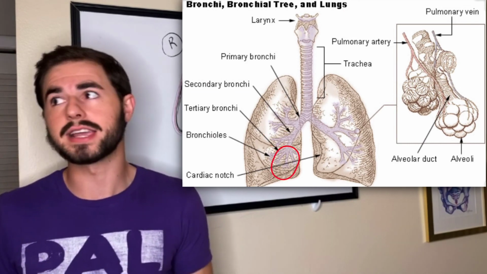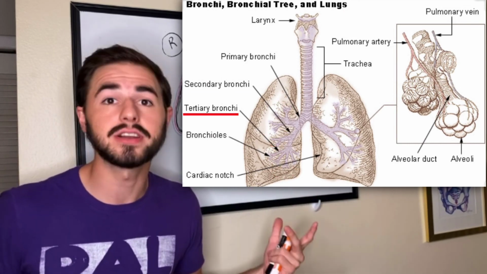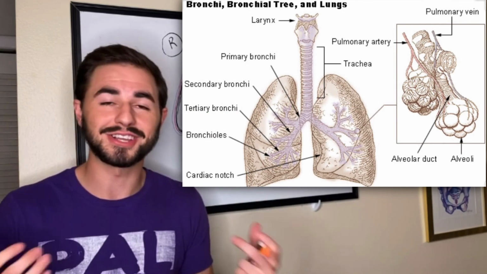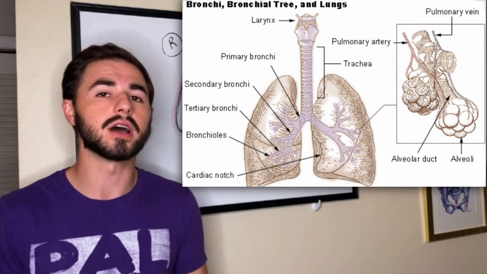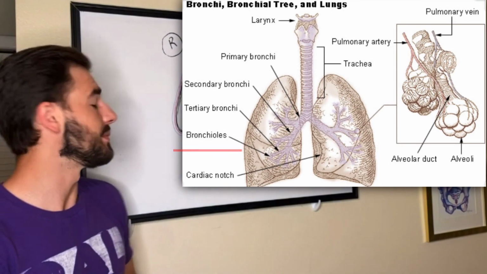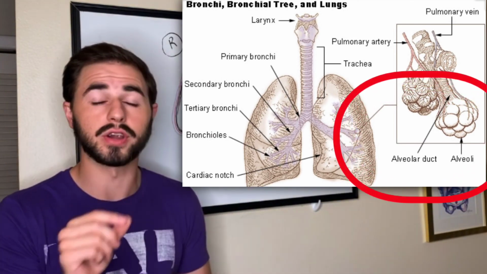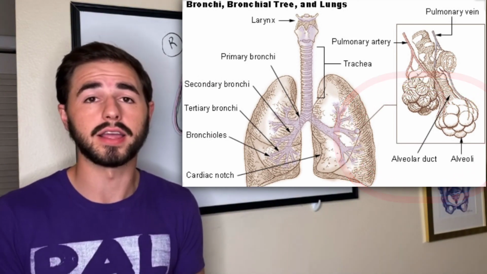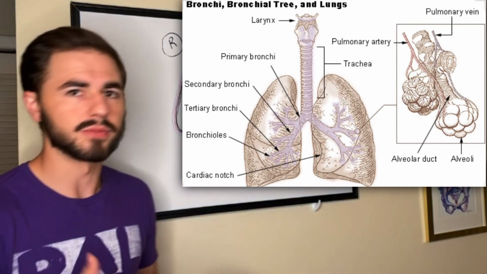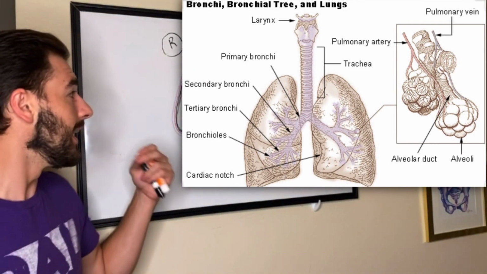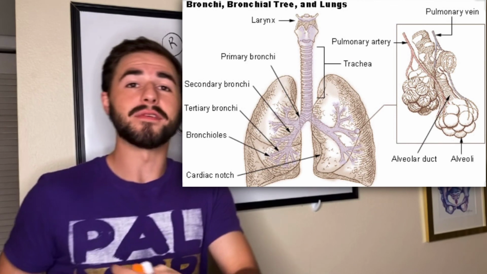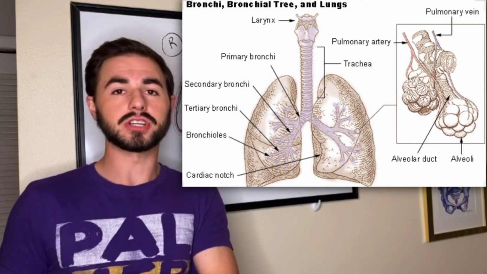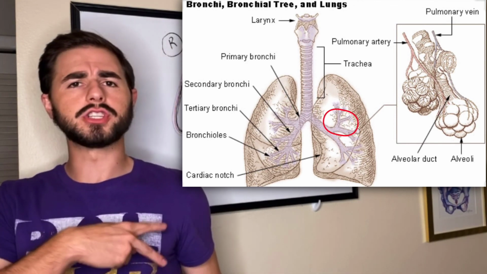Those 3 secondary segments then turn into tertiary segments, and those tertiary go in and eventually become your alveolar sacs, where gas exchange and blood exchange occurs, or ventilation versus perfusion. So now that I said all that, you have 3 over here, which eventually go into tertiary and alveolar, and you only have 2 over here.